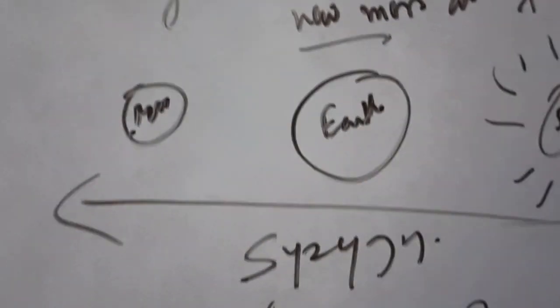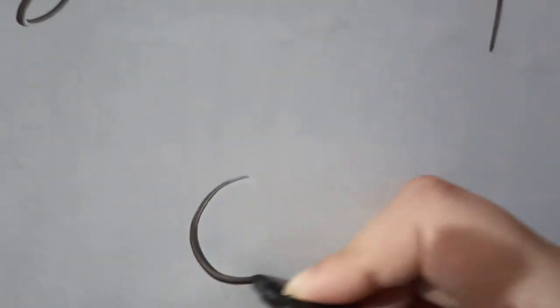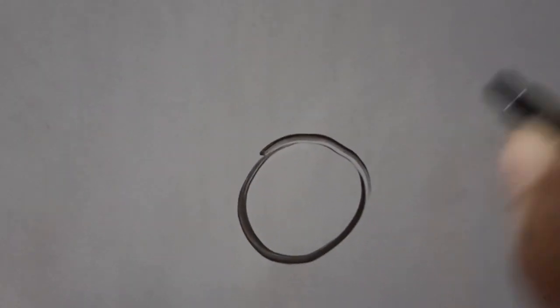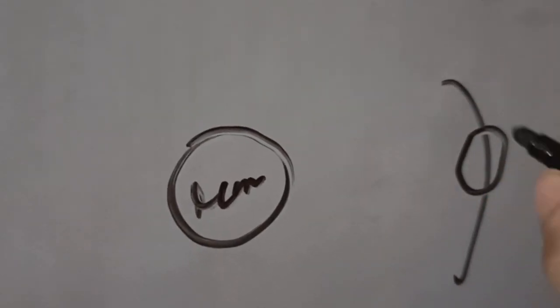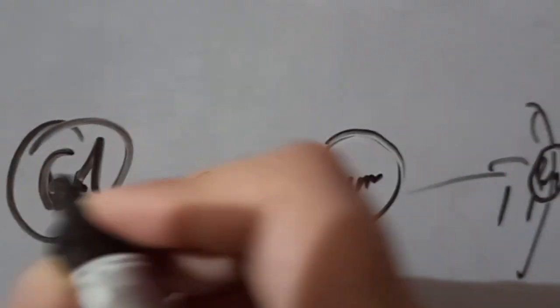Now let us see what happens at the time of the new moon. During the new moon, the moon lies in between the sun and the earth, and the combined pull of the sun and the moon falls on this earth.